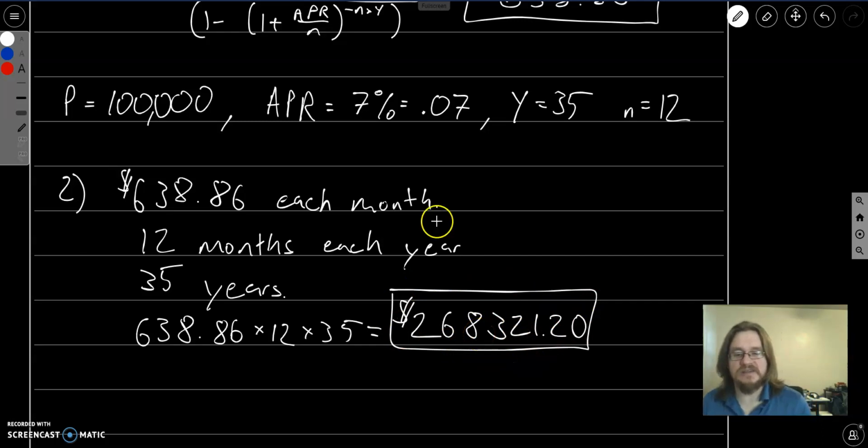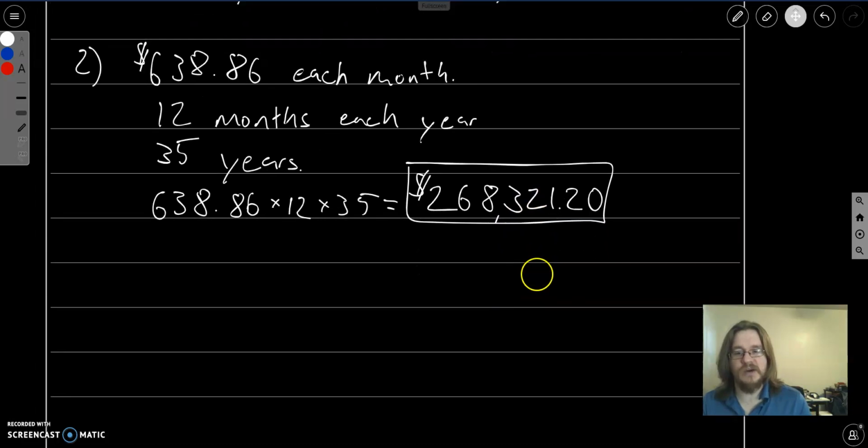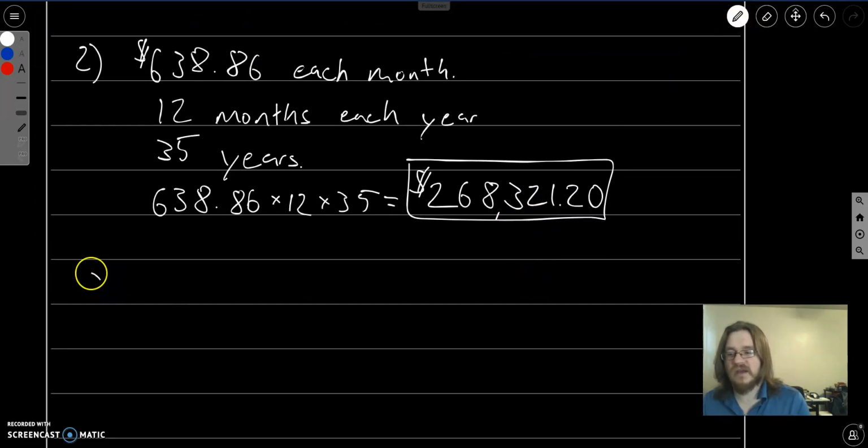Now, the thing is, our initial loan was only for $100,000, so we are going to pay back much more than that $100,000. Again, even with a lower interest rate, so we're not earning as much interest every year, we're still paying back over 35 years. So that interest will accrue over time, and we're actually going to be paying back over twice as much as we actually took out in the loan.